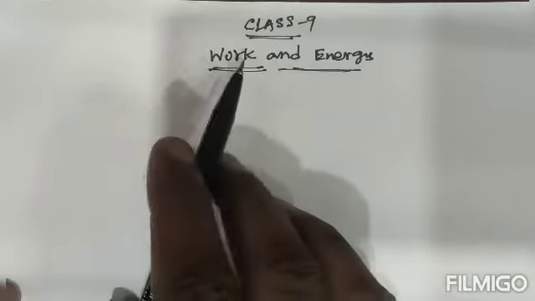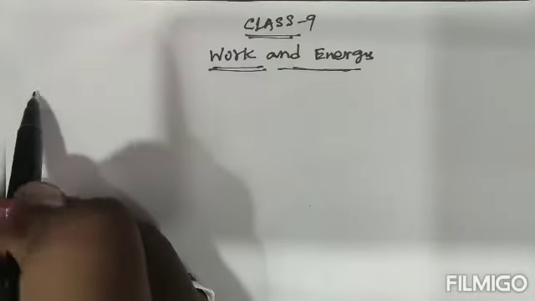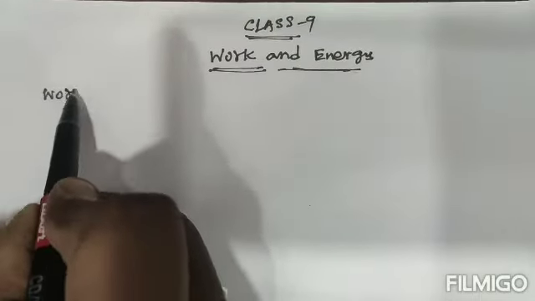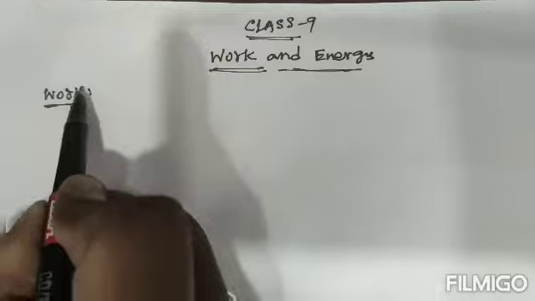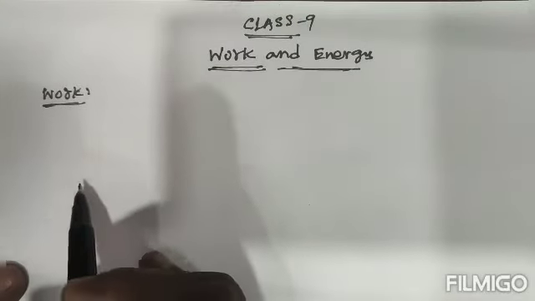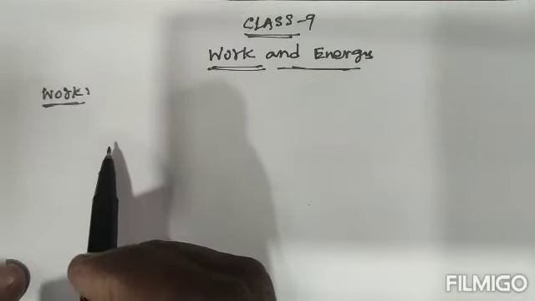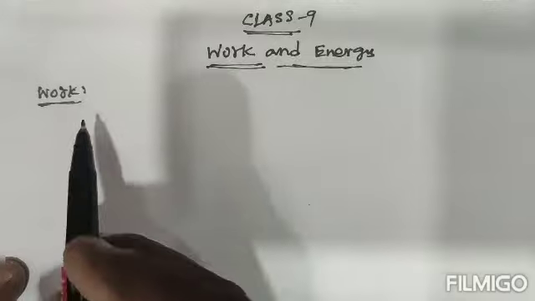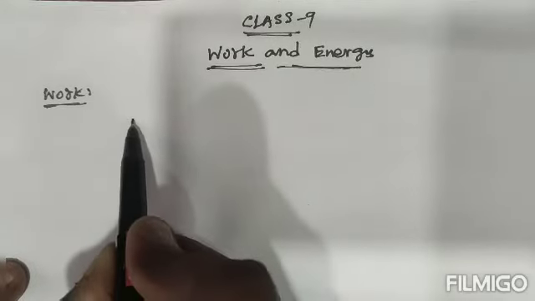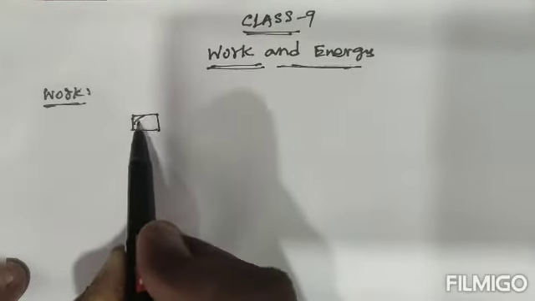First of all, we can discuss the work. Generally, everyone is doing some work. Now I'm taking class, that is also work. You are observing, that is also one of the works. But here generally work means, for example, let us take one object.